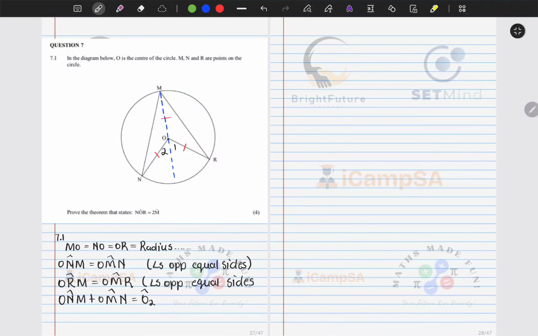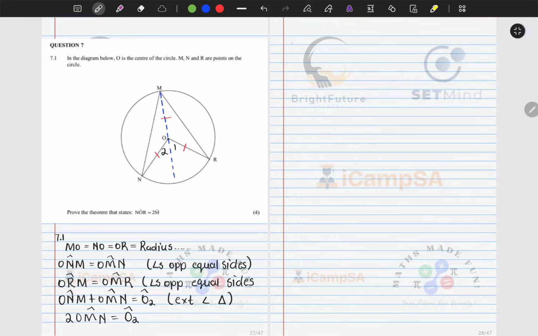Okay? And if you observe carefully, these angles are equal. So meaning we have 2 times O angle MN equaling angle O2, because these are equal. Why is this the case? This is the exterior angle of a triangle.